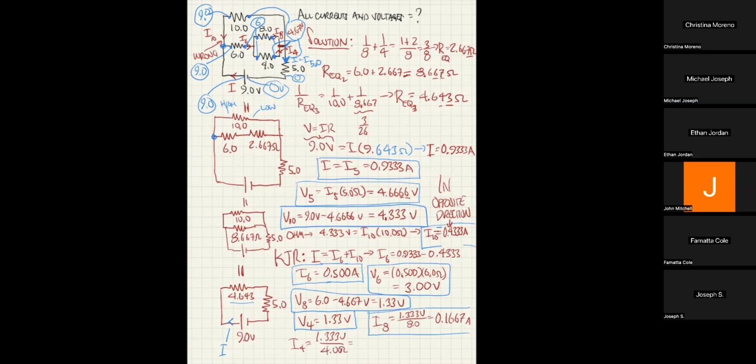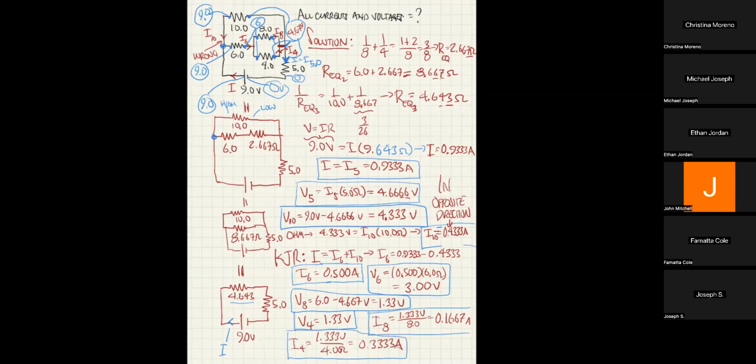And that gives me 0.333, which is exactly what I said. 0.3333 amps is the current through I4, I mean, through the 4-ohm resistor.